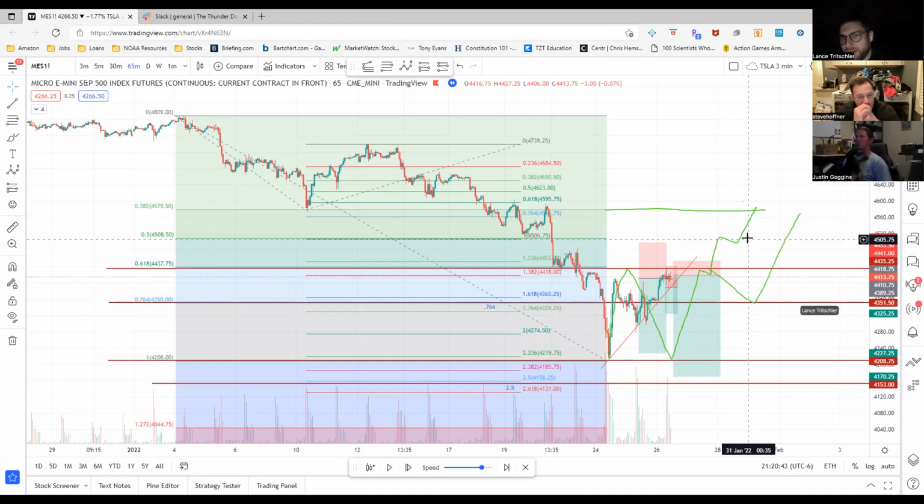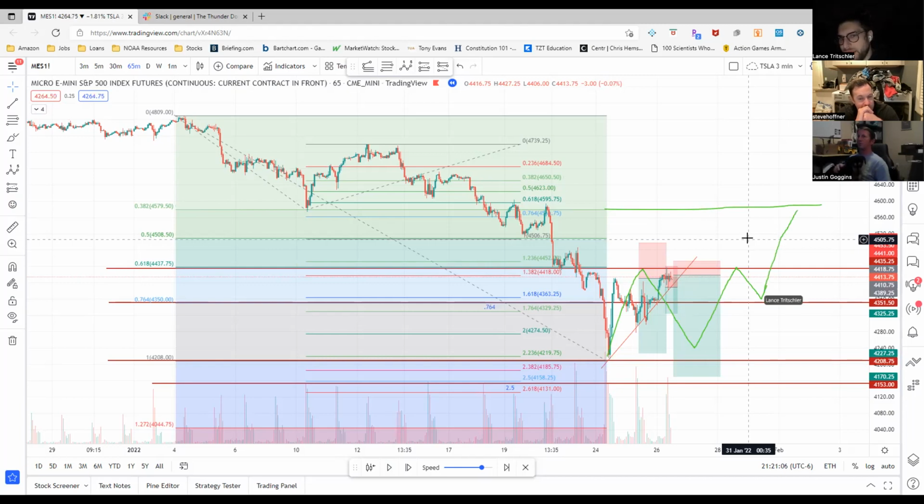So in this scenario, if it trades up to the 0.618, which is here, and trades back down, and kind of trades back up, and then trades down, and then it's our 0.382 level here, and then it comes back up and now hits this.